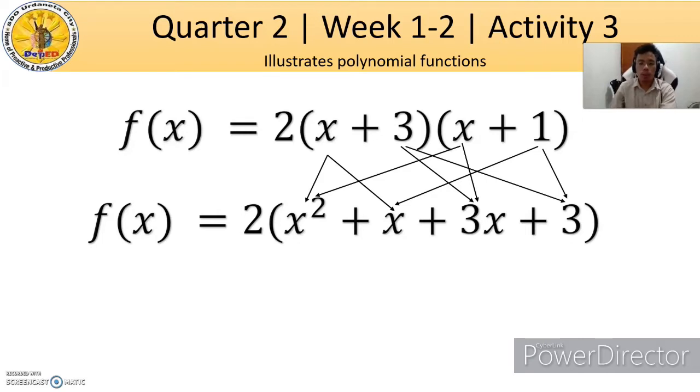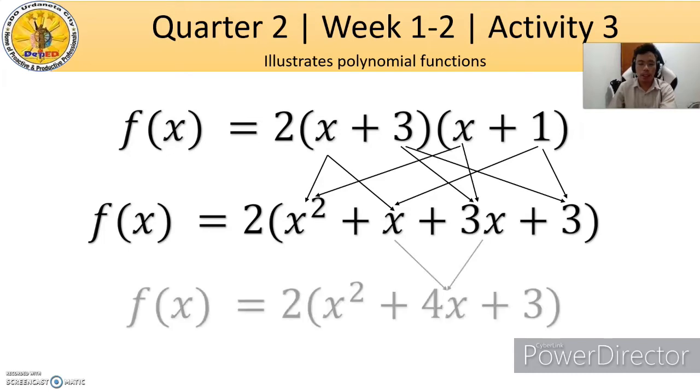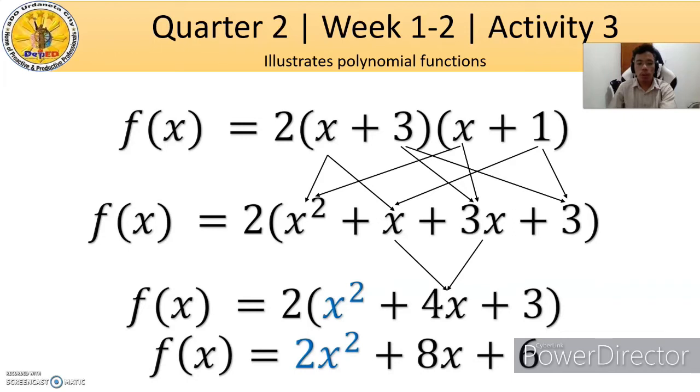From this, we combine x + 3x since they are like terms. Thus, we will have 2 times the quantity x² + 4x + 3. And now we distribute positive 2 to each one of the terms in our parentheses. So we will have 2x² + 8x + 6.